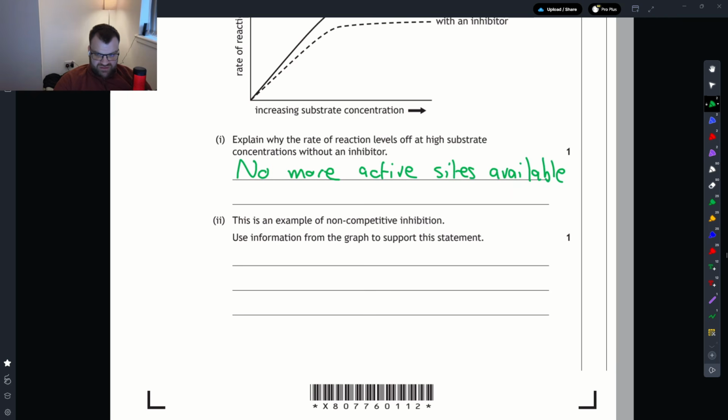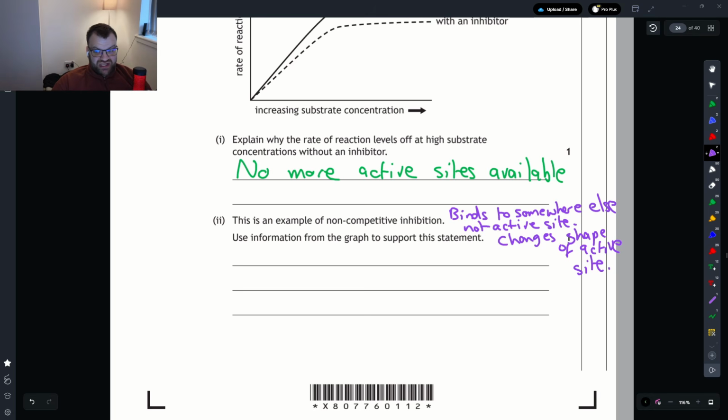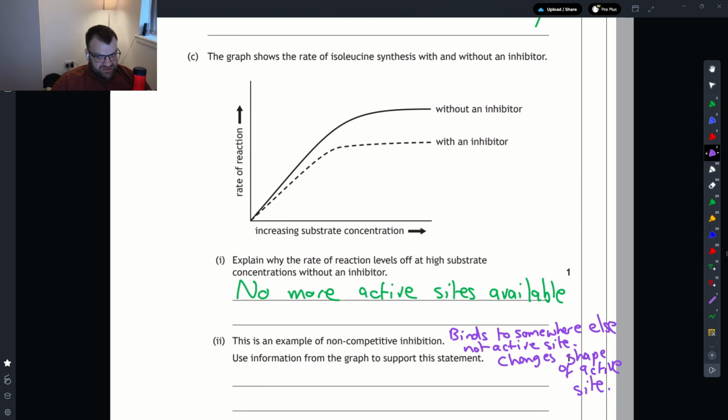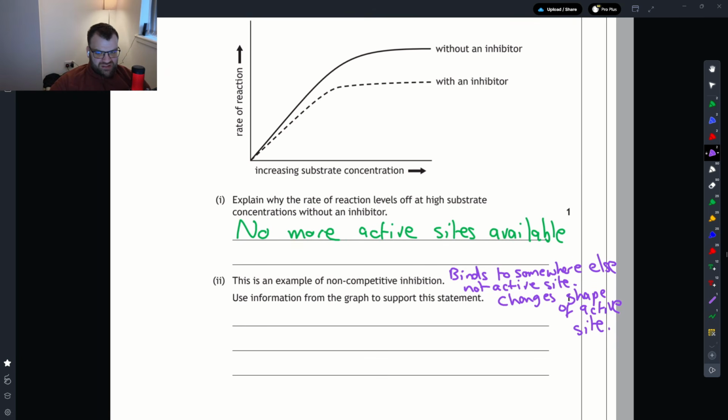Non-competitive inhibitor. A non-competitive inhibitor binds somewhere that's not the active site, and it changes the shape of the active site, which prevents the substrate from binding. In a competitive inhibitor, both the inhibitor and the substrate are trying to get to the active site. If you have more substrate, they have a combined bigger chance of reaching the active site before the inhibitor blocks it. That's not what happens here.